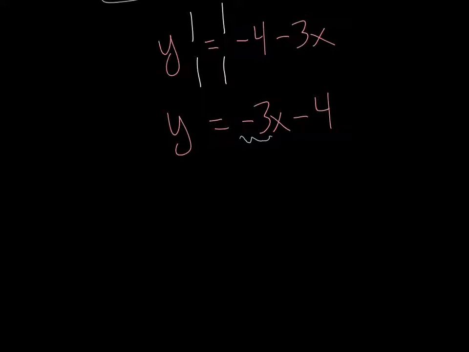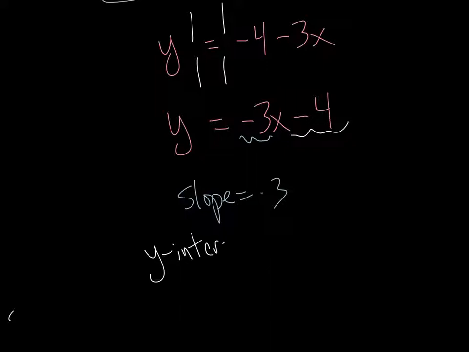Yes, you guessed it. That's the slope, and that's, I'll do a different color, this is the y-intercept. So you would write slope equals negative 3, and the y-intercept equals negative 4. Nice work.